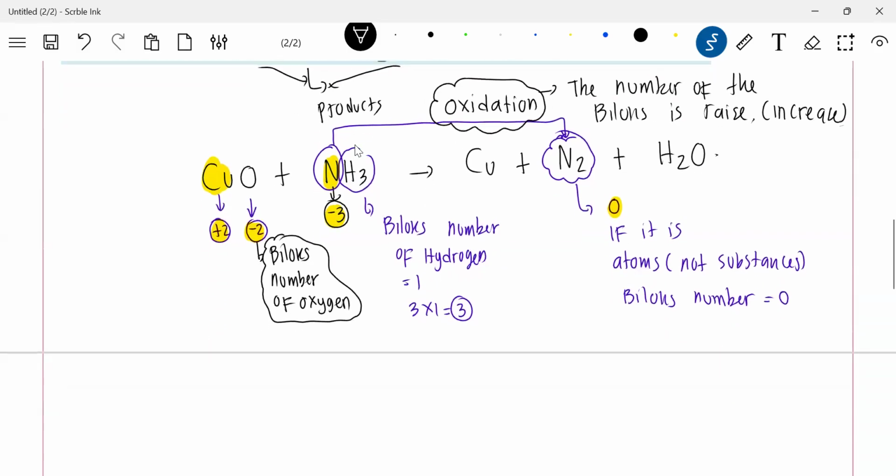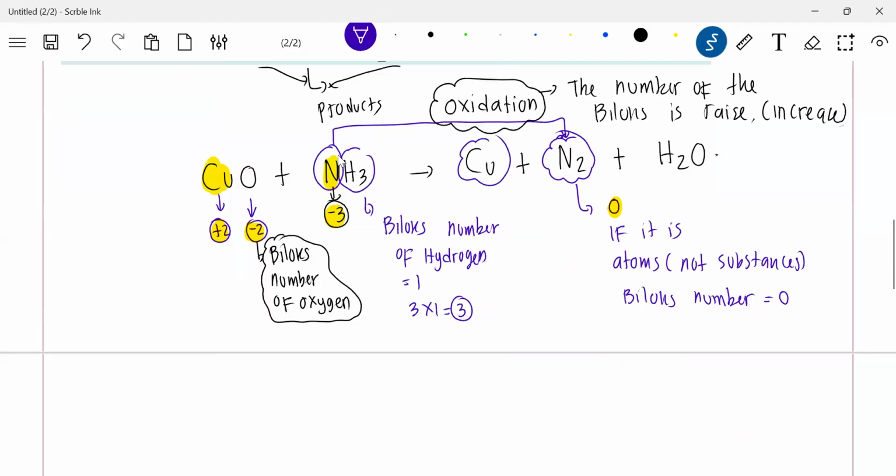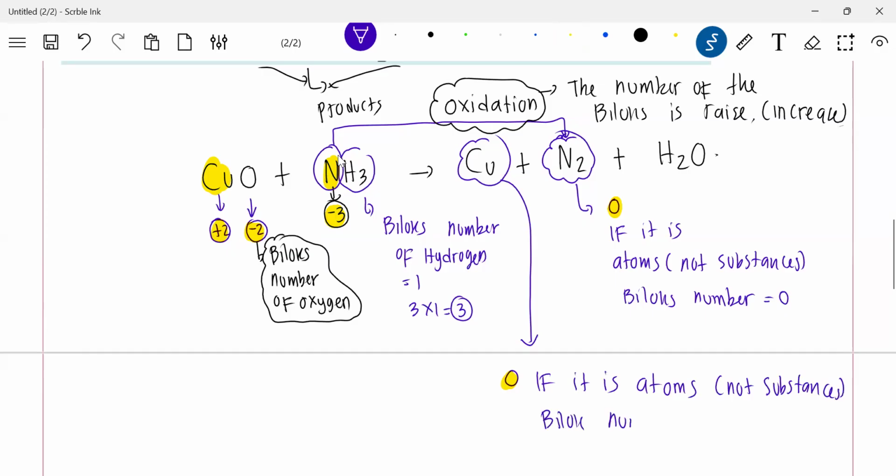And how about copper, sir? Take a look. This is Cu. Cu is also 0. Why 0, sir? If it is atoms, not substances, the oxidation number is also 0.